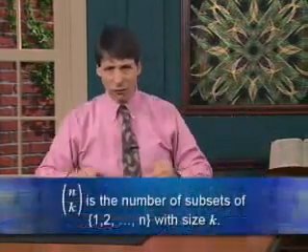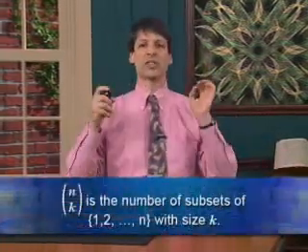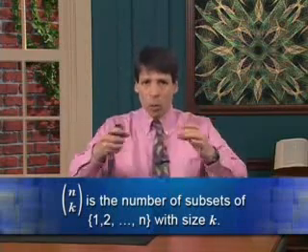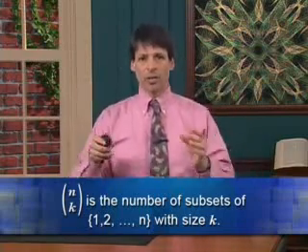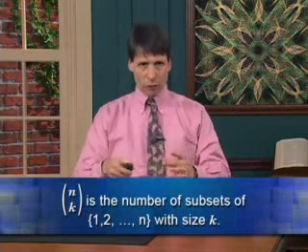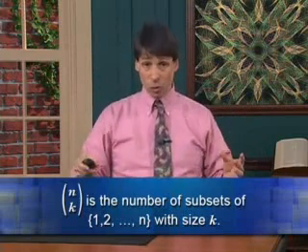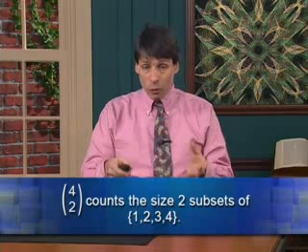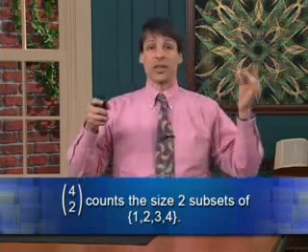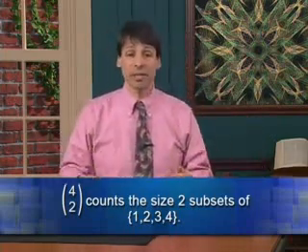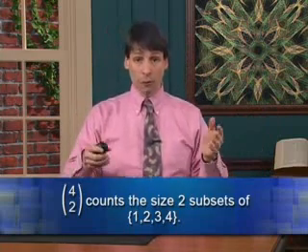Okay, now here's the formal definition for n choose k. N choose k is officially defined to be the number of subsets of the set 1 through n with size k. We met subsets in lecture 1. 4 choose 2, for example, would count the size 2 subsets of the set 1 through 4.